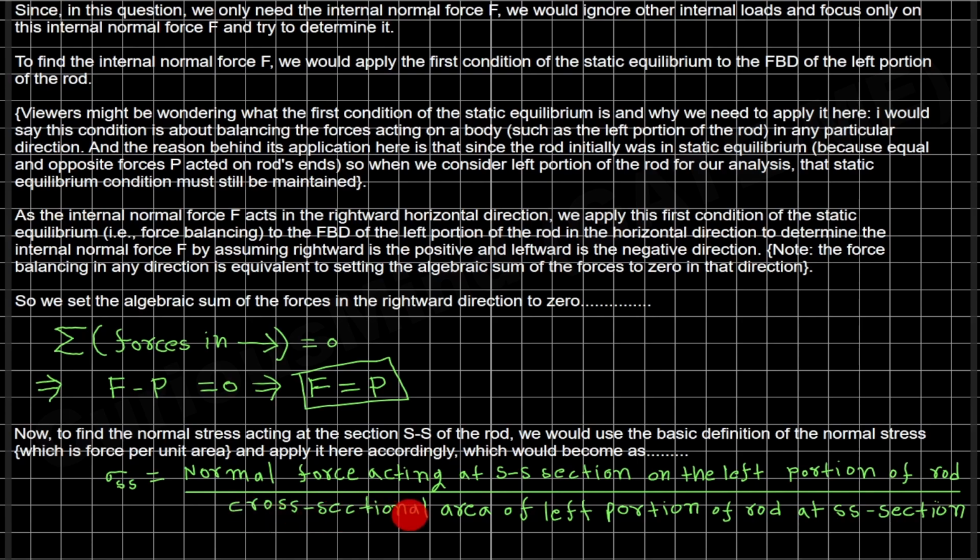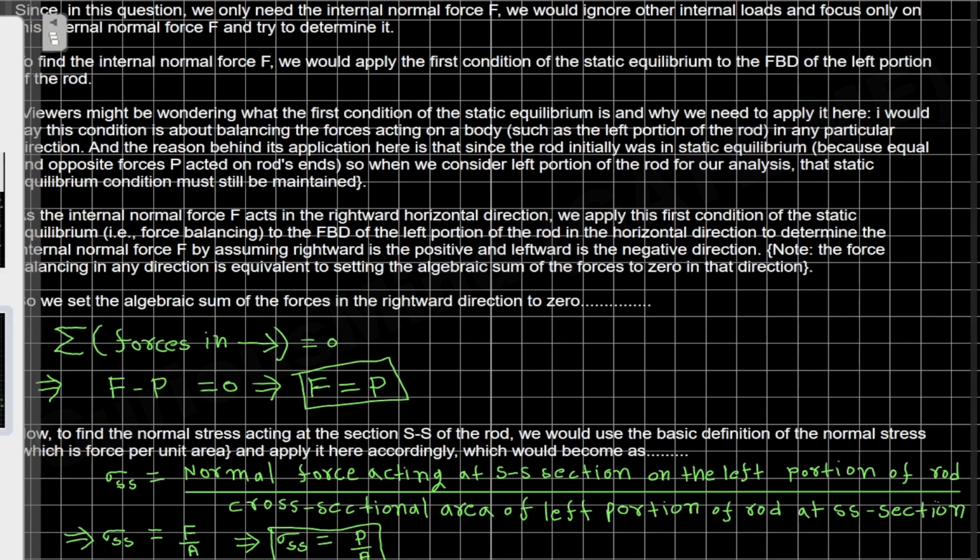So the cross-sectional area is equal to A, which remains the same because the rod is of uniform cross-section, and the normal force acting at the SS section is F. So we write our next expression as sigma SS is equal to F divided by A. Now we plug in the value of F, which is equal to P. Finally we have the expression of the normal stress at the SS section, which is equal to P divided by A. So let's see which option is correct.